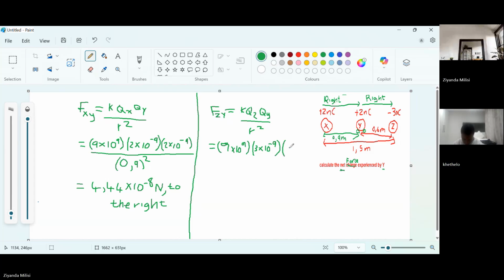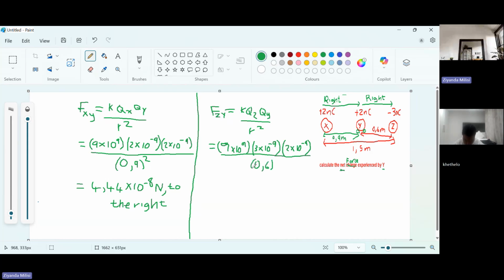Then what is Y? 2 times 10 to the power of negative 9. Omit the negative because you will think it tells you about direction when you get a negative answer, and yet it's not so. What is the distance between Z and Y? 0.6. Then go to your calculator.